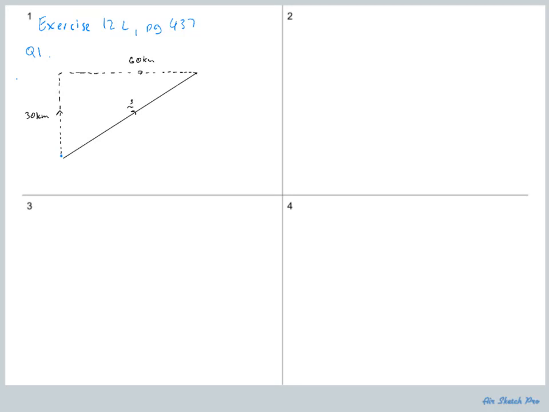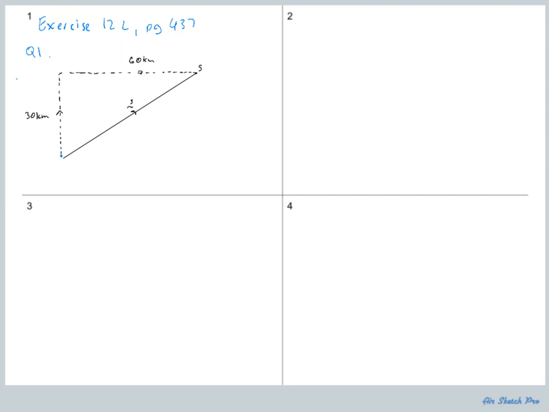And remember that the point is different from the vector itself, so the point is s here. So 30 kilometers north, 60 kilometers east. I've labeled the vector as s vector, and I've labeled the endpoint as s. Any questions on that? Cool.